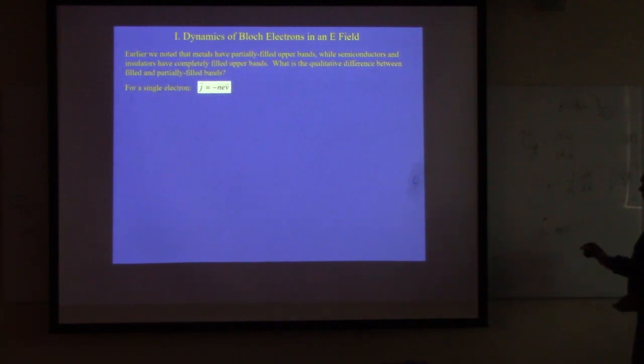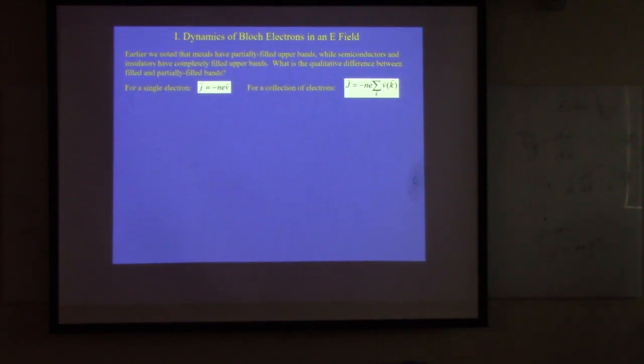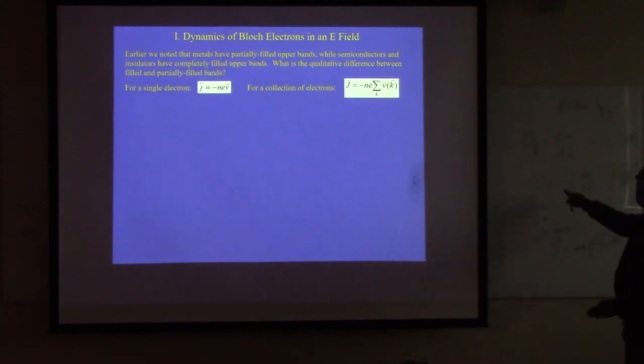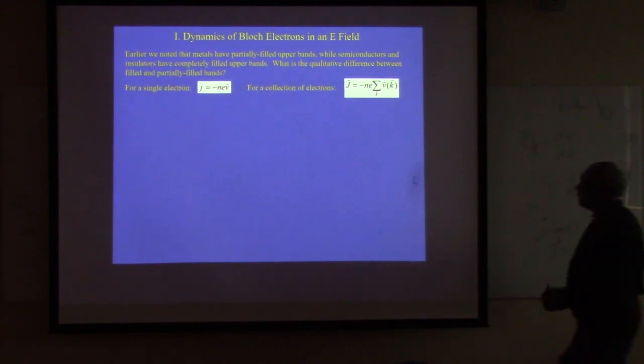If you have a group of electrons, your total current density becomes e times n times the sum of all V's, right? You have to add all the V values. Each one has some k vector, right? So it depends on your k. So J, you write like this. Then if you look at V in terms of E, we have to be a little careful.